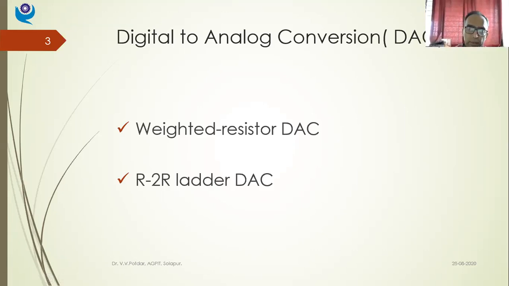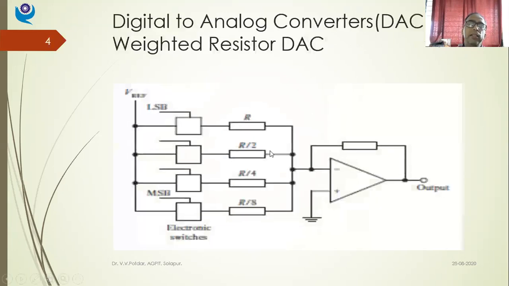Let us quickly see these 2 types of D to A converters. First, the weighted resistor type DAC. I think we need to draw this sketch. Afterwards, we can draw and try to understand the working of this D to A converter.